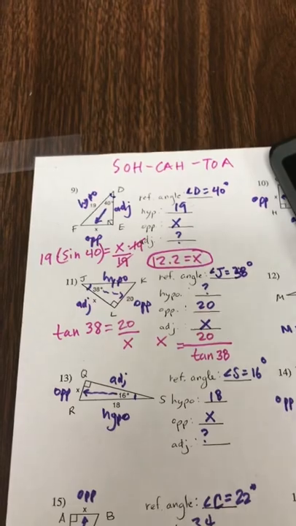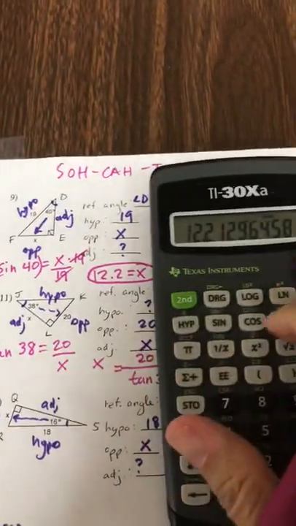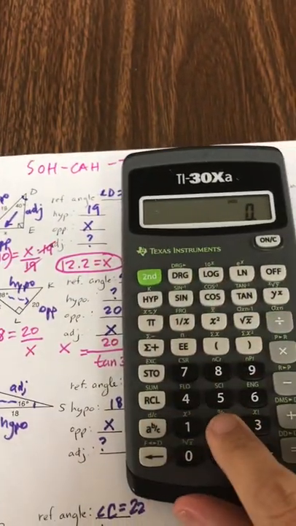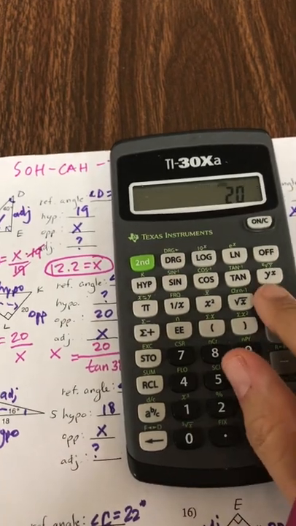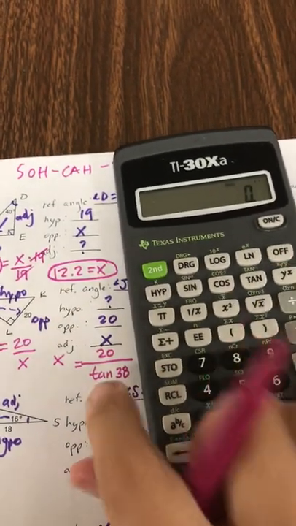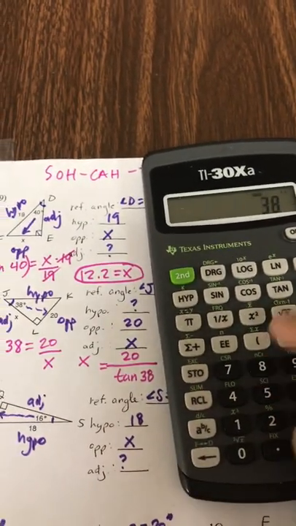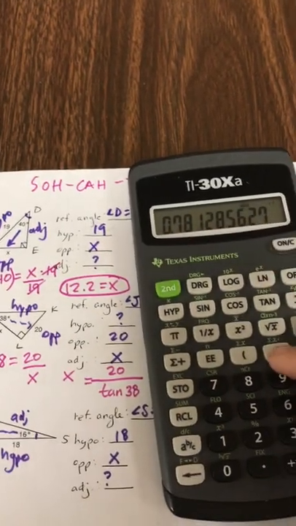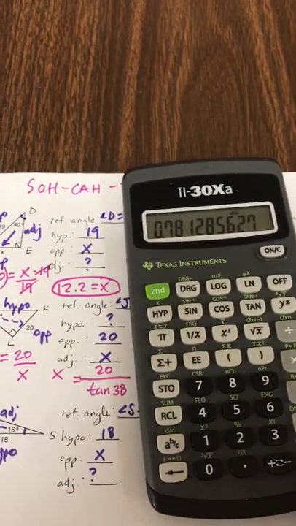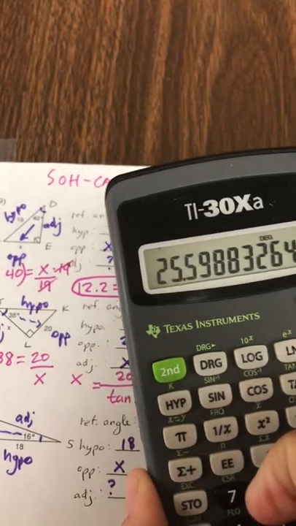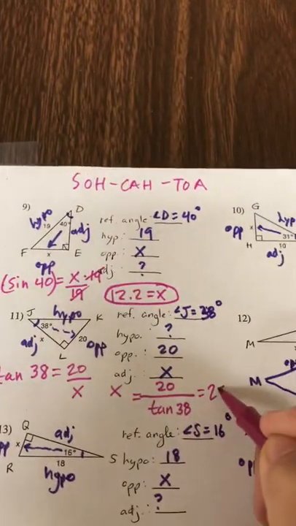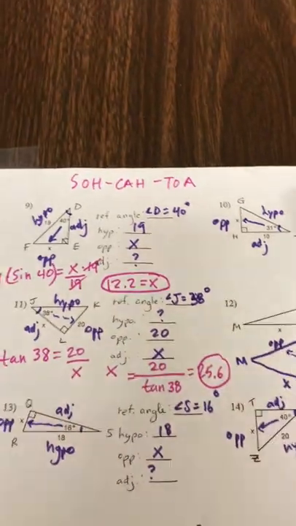Okay. And now let's type it in the calculator. Either way is fine by me. You could type it in the way it looks. 20 divided by parentheses the tangent of 38. So 38 tangent, in parentheses, equals 25.6. Check out the next video.